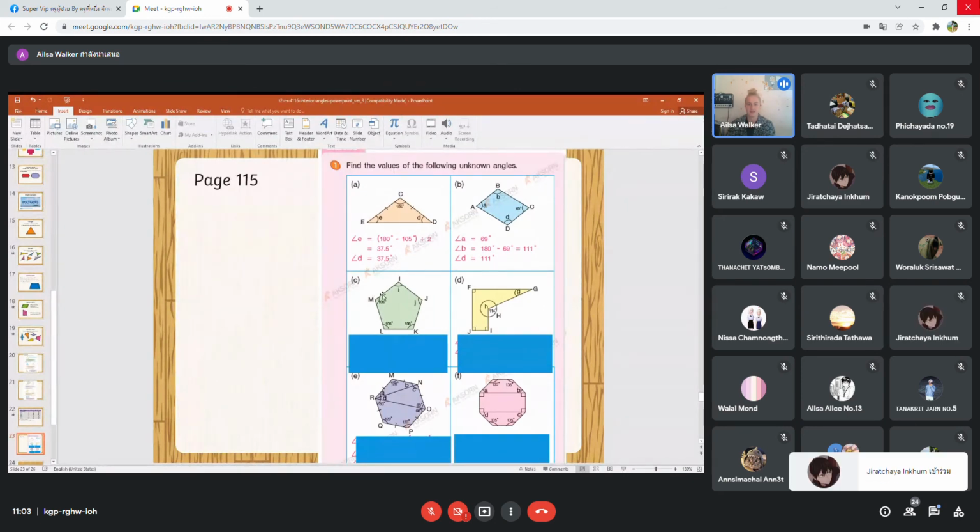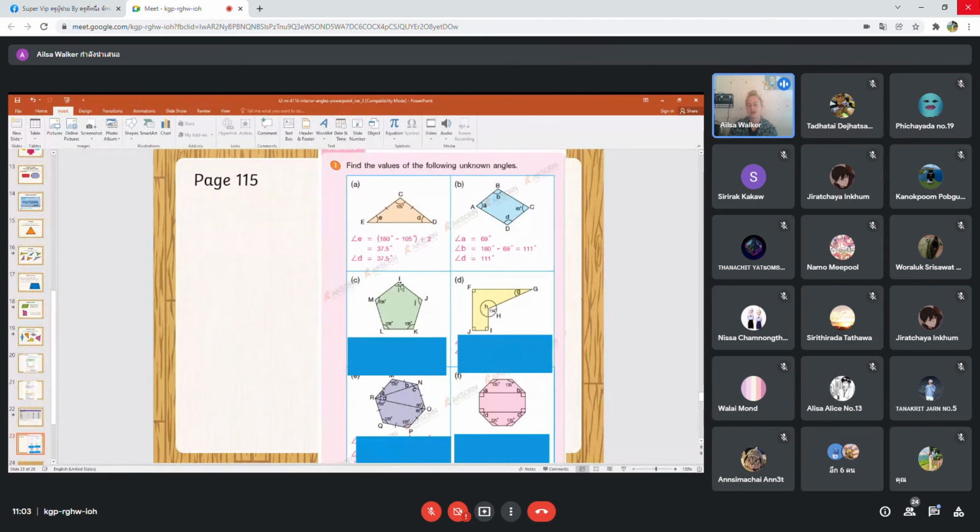Okay, for C, we have a 1, 2, 3, 4, 5-sided shape. It's called a pentagon. Okay, pentagon. All the angles in a pentagon are equal. Okay? So these angles, angle M, L, K, are 108.